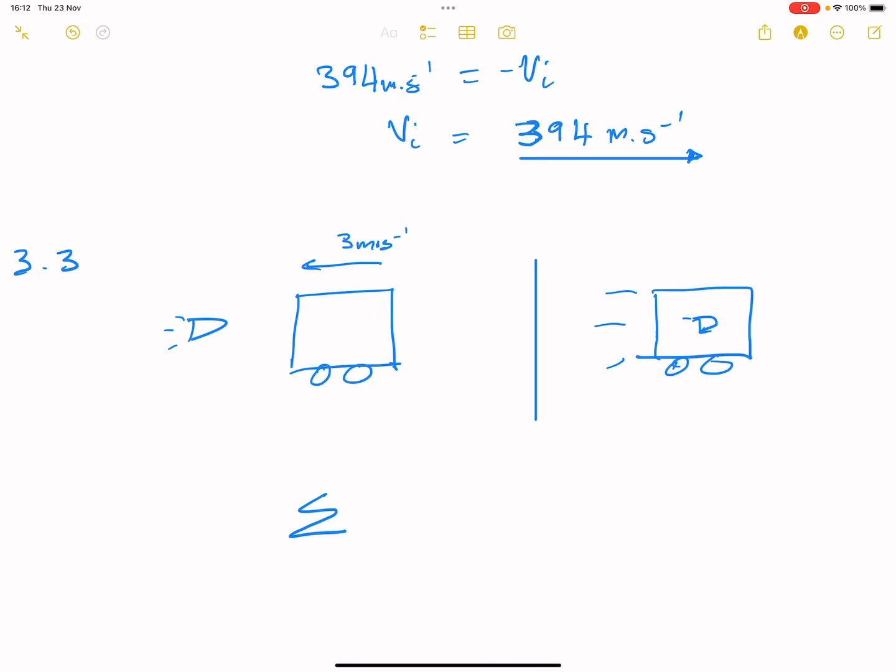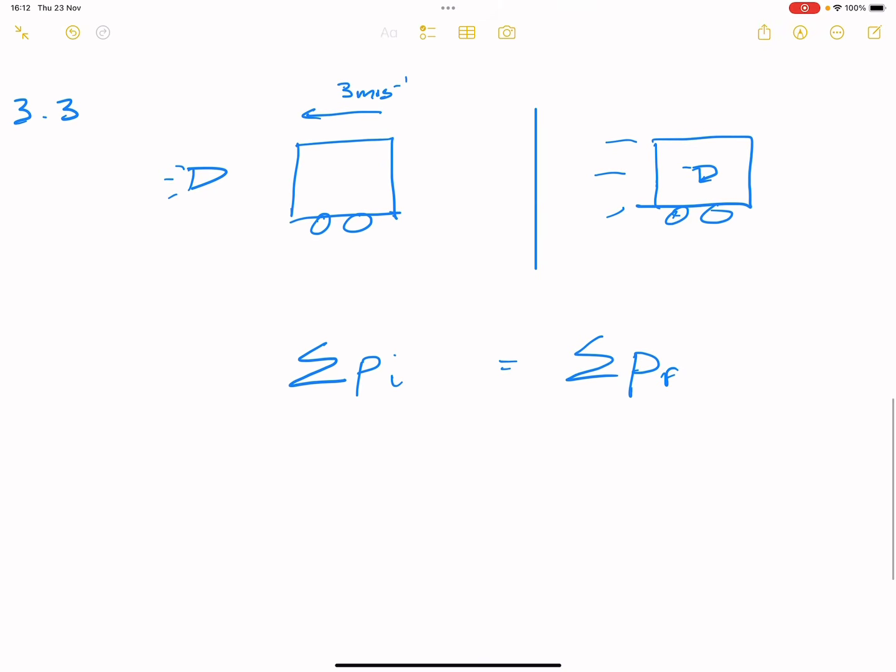So we're going to take the sum of momentum initial equals the sum of their momenta final, right? So this is the momentum of the bullet, the mass of the bullet times the velocity of the bullet, plus the mass of the trolley times the velocity of the trolley initial, and afterwards both of them move as one unit.